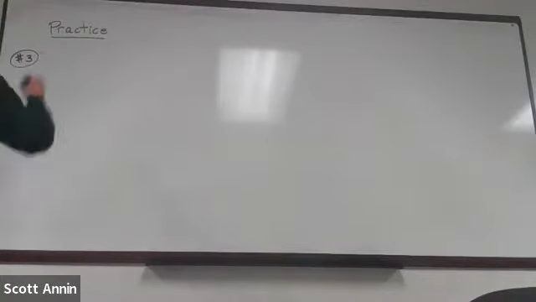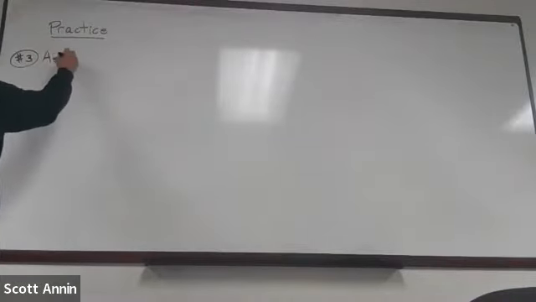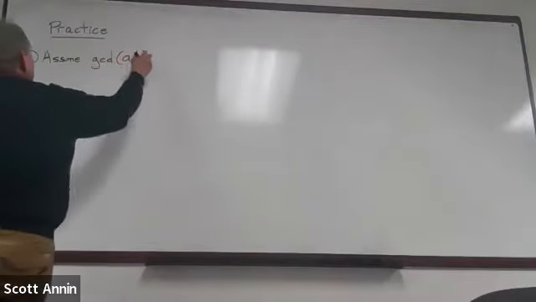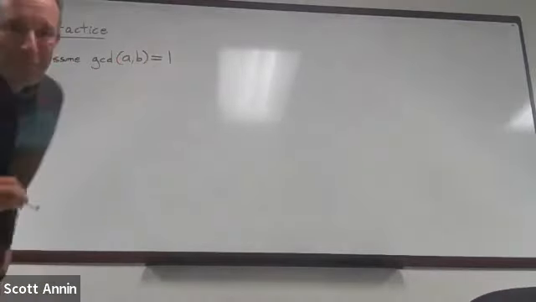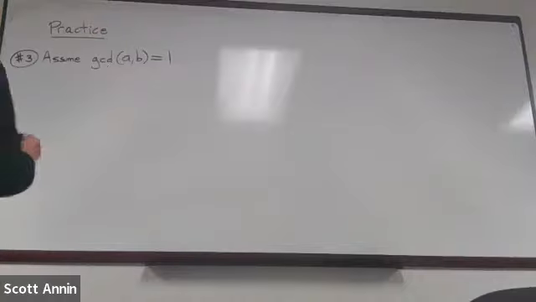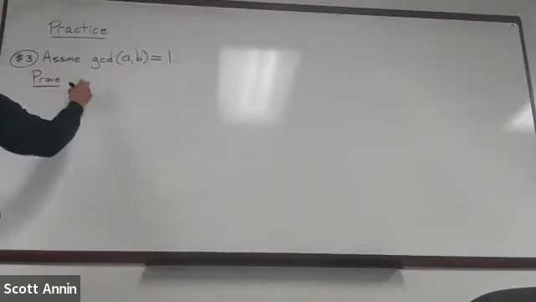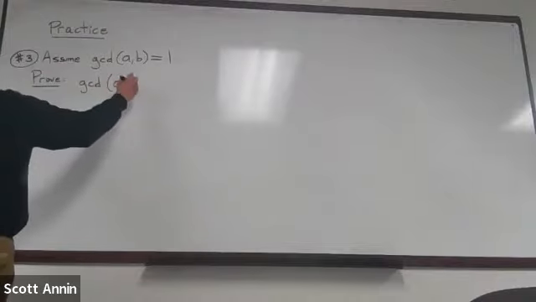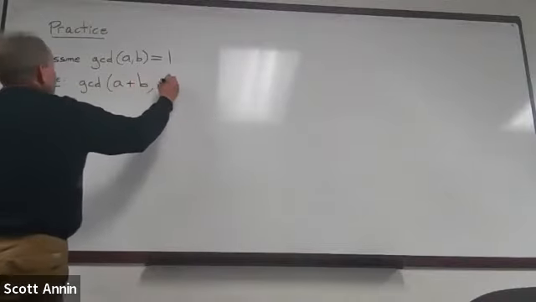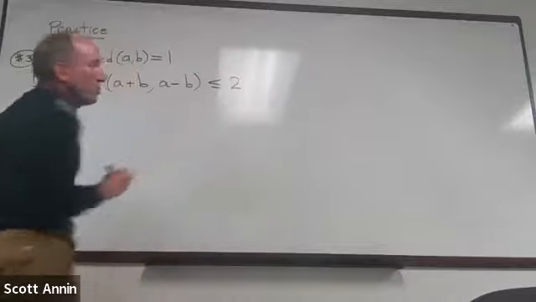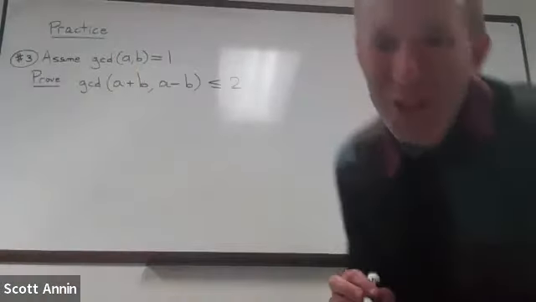And this just says, again, let's assume that A and B are relatively prime. And then what I would like to do is prove that the GCD of A plus B and A minus B is at most 2 of all things.